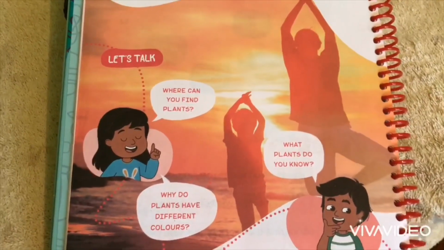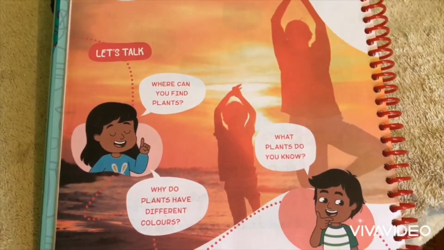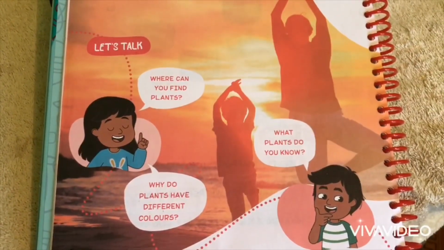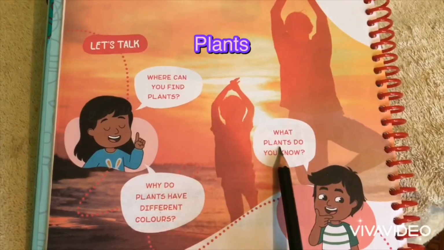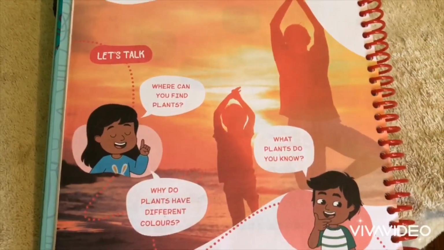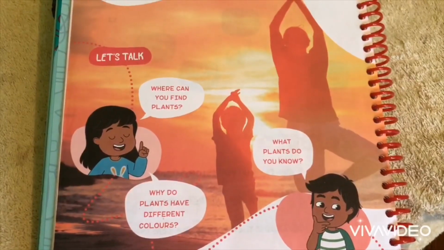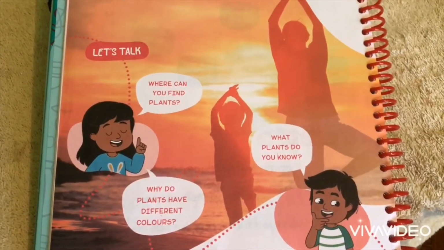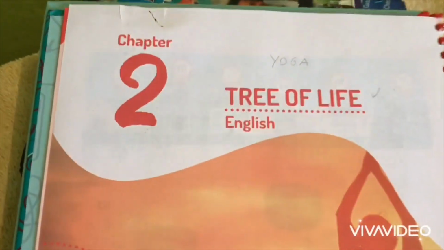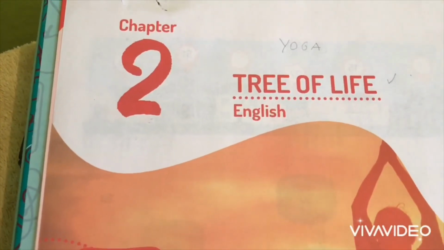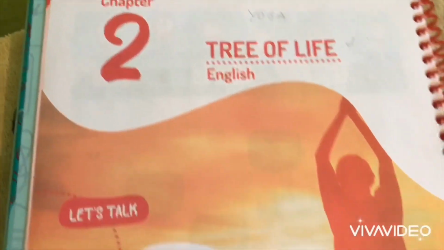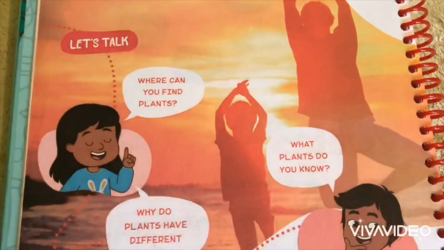So why do plants have different colors? And he said, what plants do you know? So plants are really important in this chapter. So we will study a little bit more about plants. Okay? So this is the introduction of this chapter. In chapter 2, we will discuss the tree of life, about the process of plants.